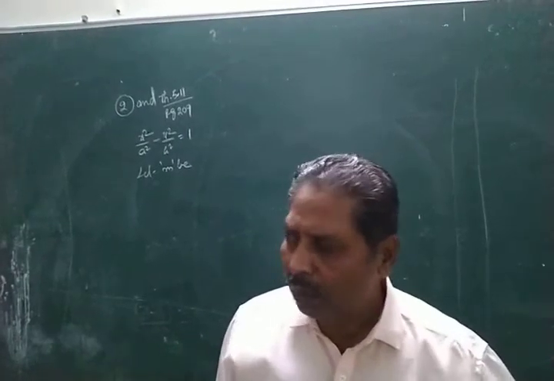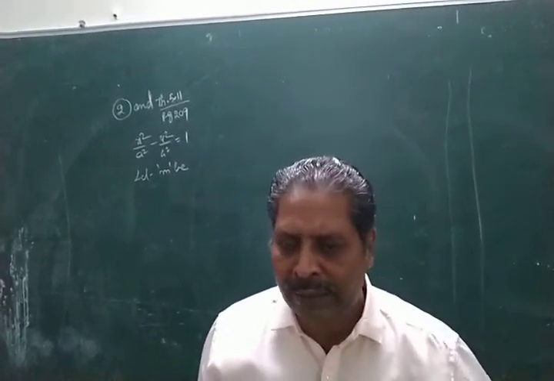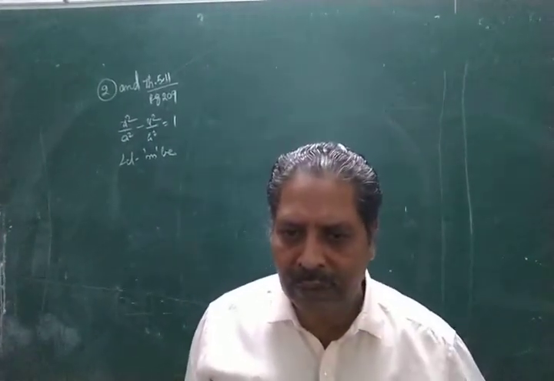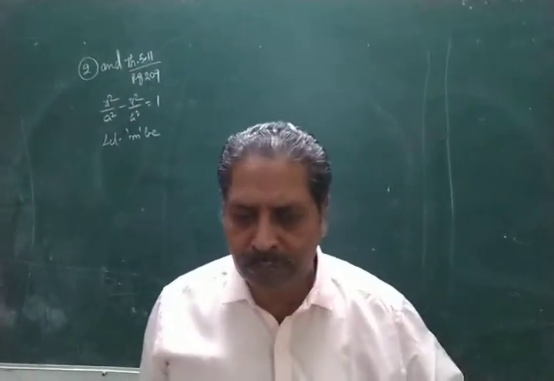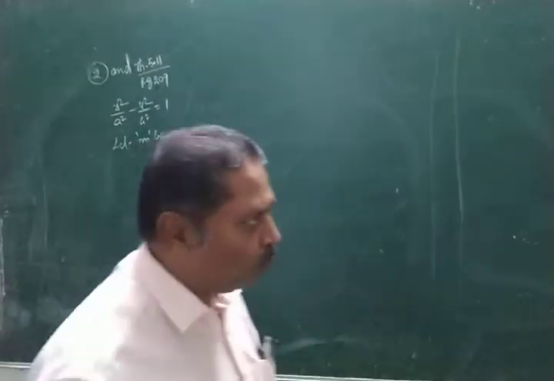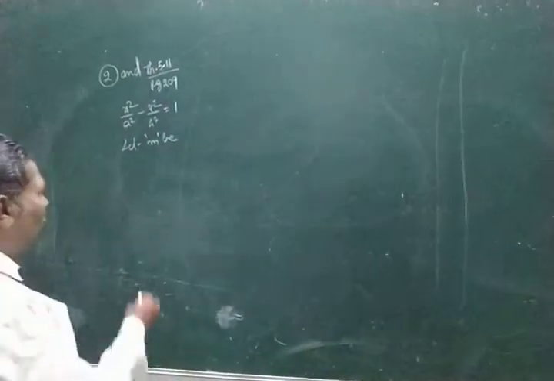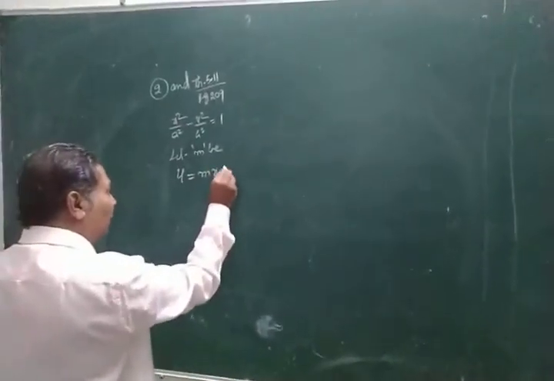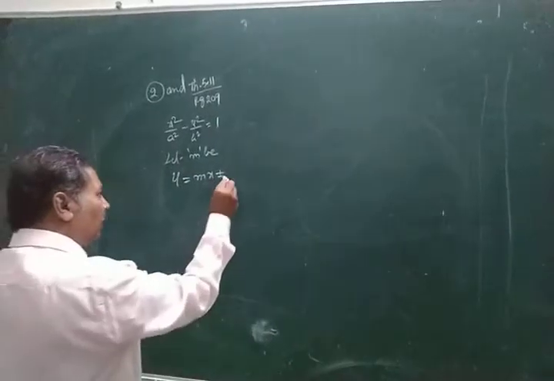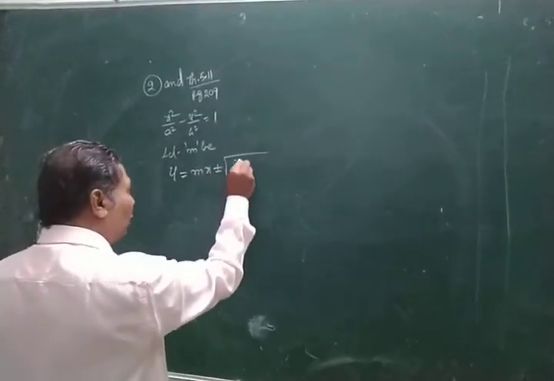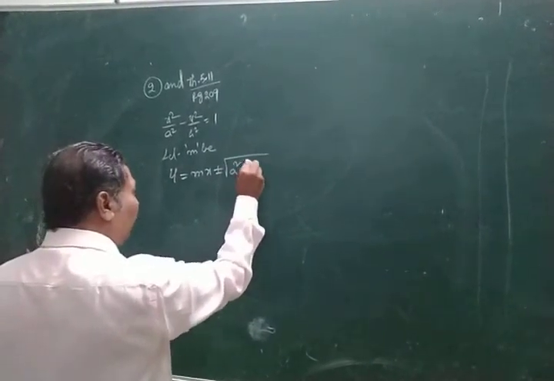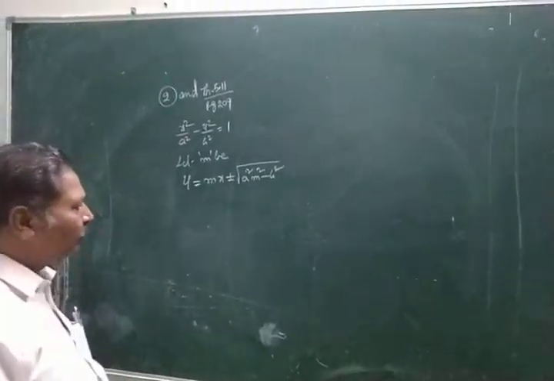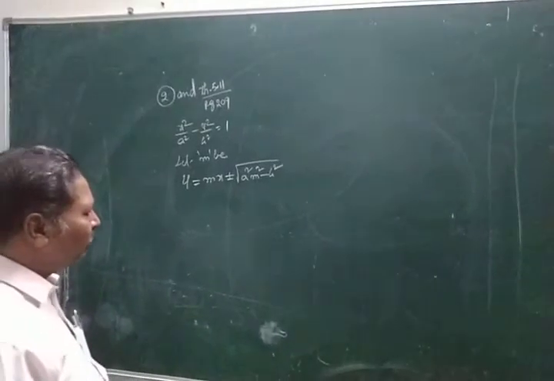Therefore, equation of the tangent in the slope form: y equal to mx plus or minus under root a square m square minus b square.